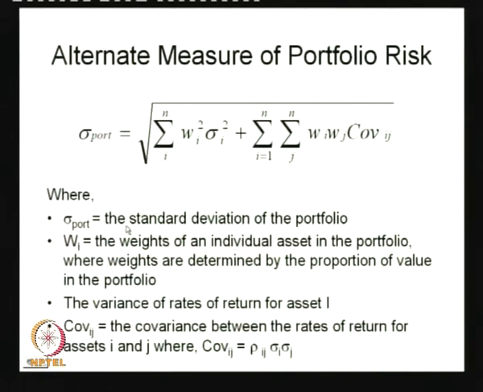And so, the portfolio standard deviation is computed where the weights are assigned as per the combination of assets, and the variance of returns is given for asset i. Then we have the covariance, that means we need to have the covariance between two asset returns, we also should have the variance of the return of each individual asset in the portfolio.